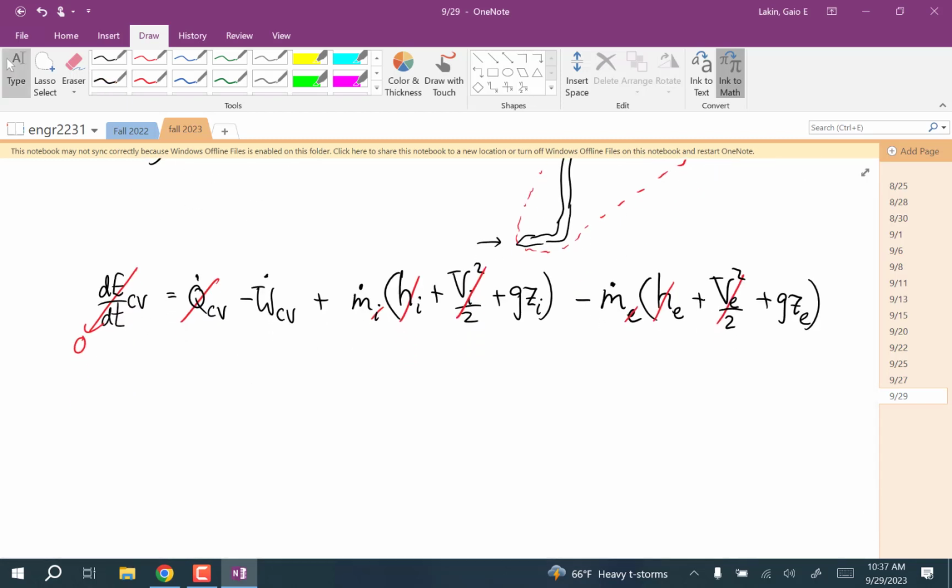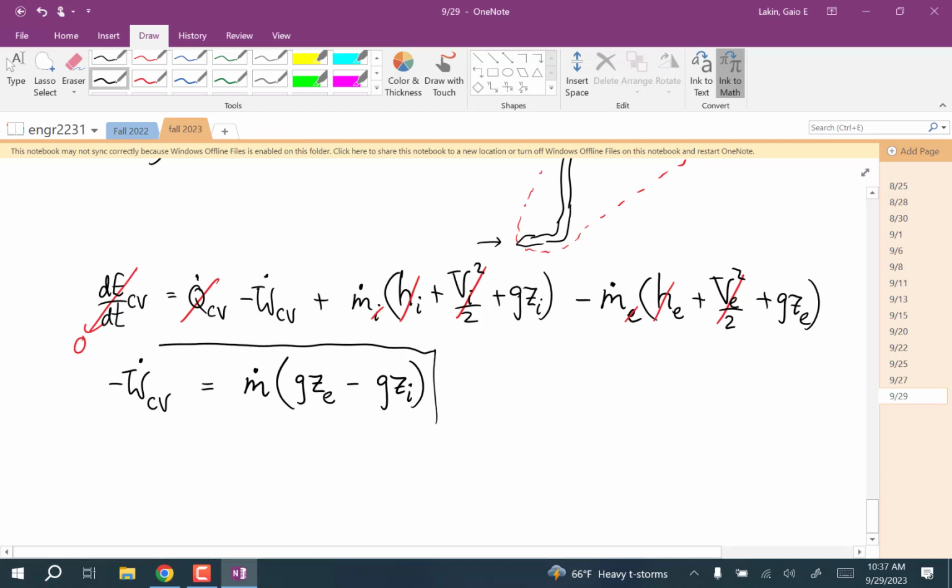And we get negative W dot for the control volume is equal to m dot times the quantity g z_e minus g z_i. And both of the sides of this equation are positive.